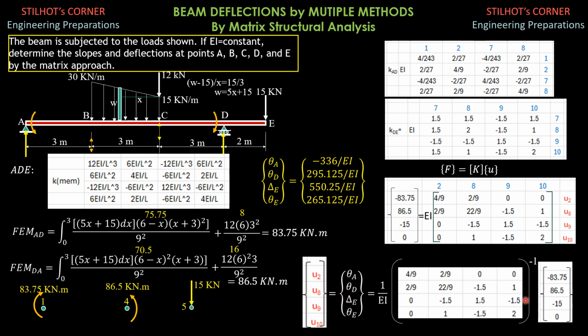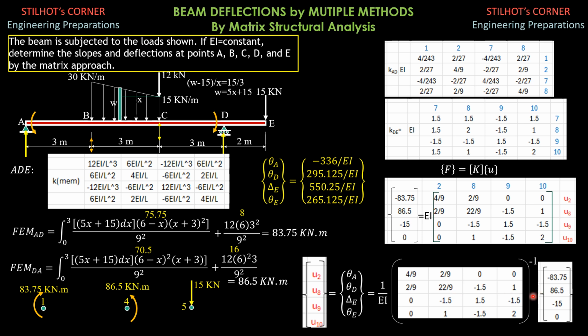So using your calculator, these are now the results. So this is force matrix equals overall stiffness matrix times displacement vector matrix. So that's why we have here the results, theta A, theta B, delta E, theta E.